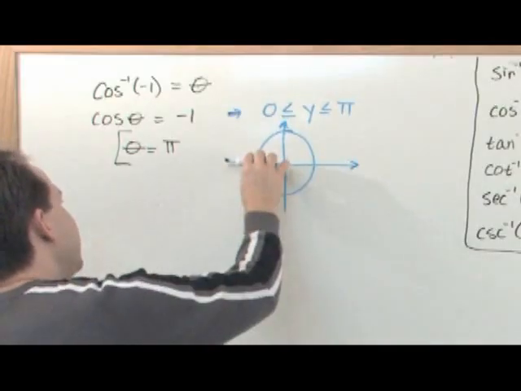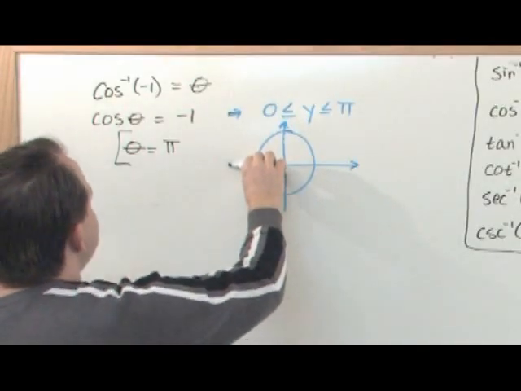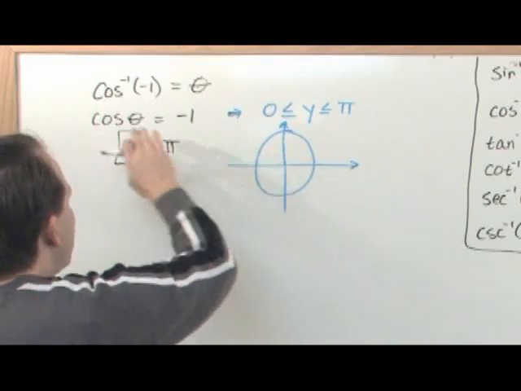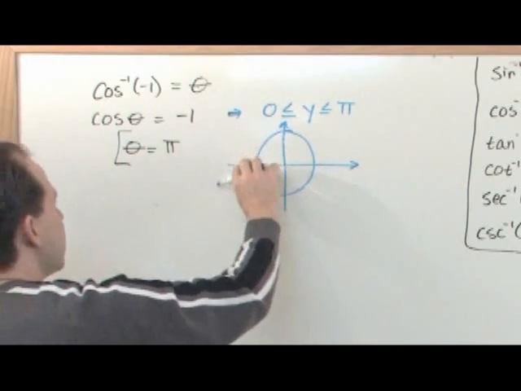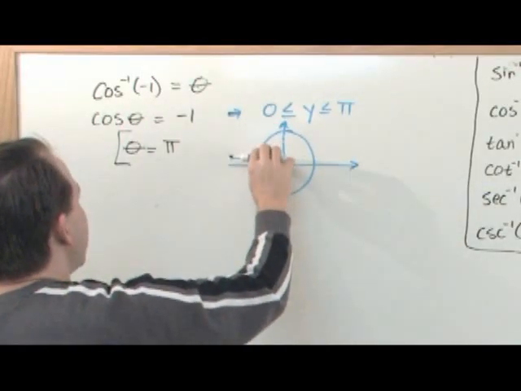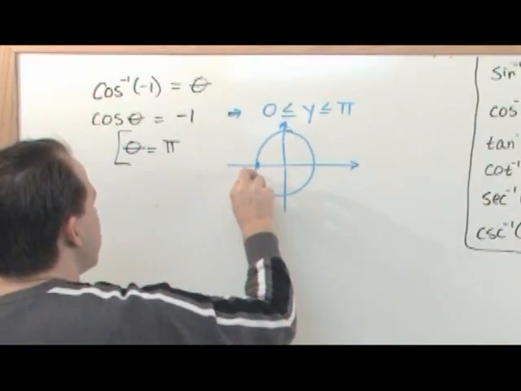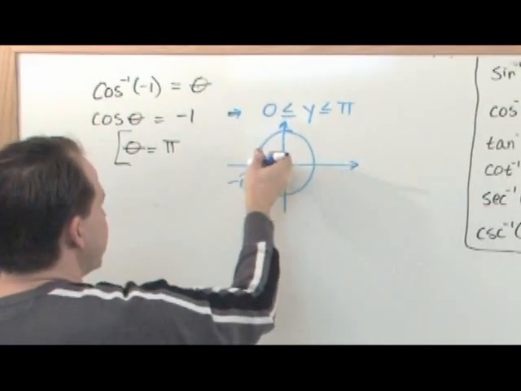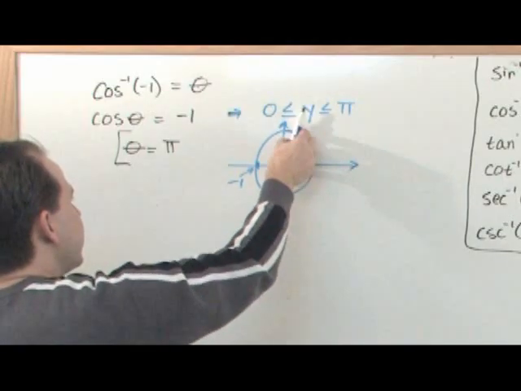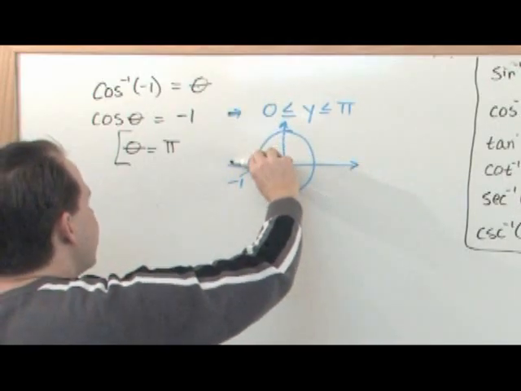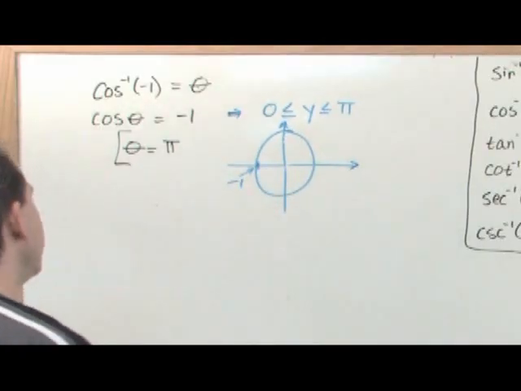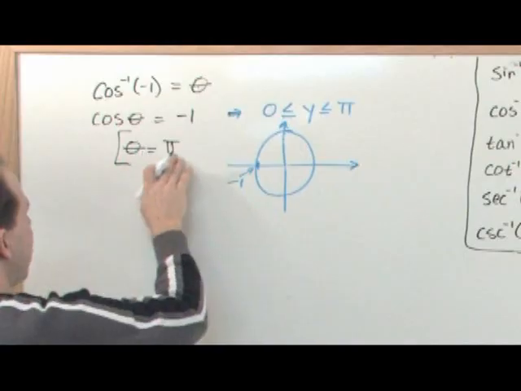So over here at pi radians, if I take the cosine, and cosine is the projection of my little line that I'm moving around onto the x-axis, then it's projected over here to -1, because this is +1 and this is -1. So as I move my unit circle radius over to pi radians, the projection to the x-axis is going to be -1. That's why the angle has to be pi.